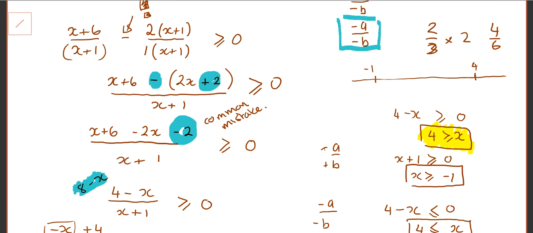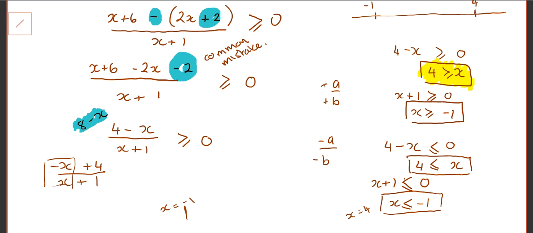The common mistake here was, if you're going to subtract something, you have to subtract both terms, not just the first term. So the common mistake would be for that to be a plus. If you had that as a plus, this would be 8 minus x instead of 4 minus x. So you can see how it would change it completely.